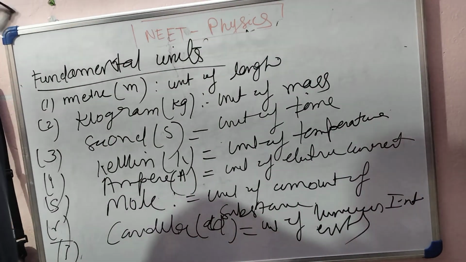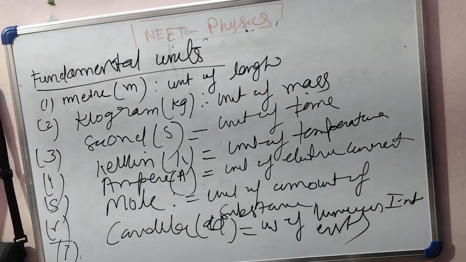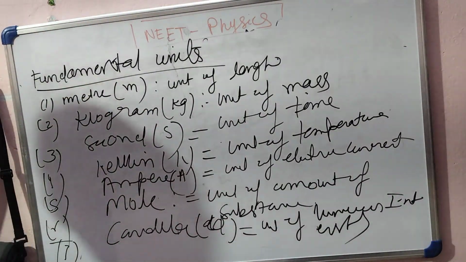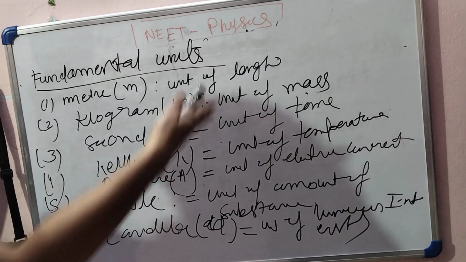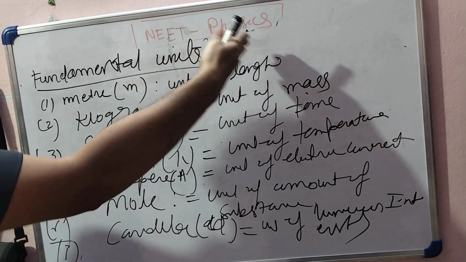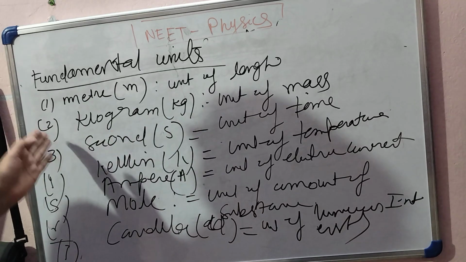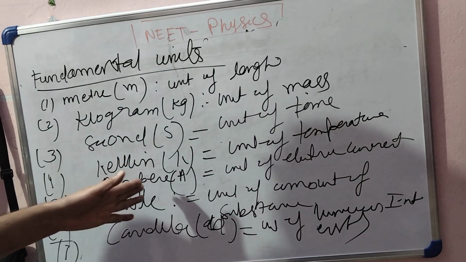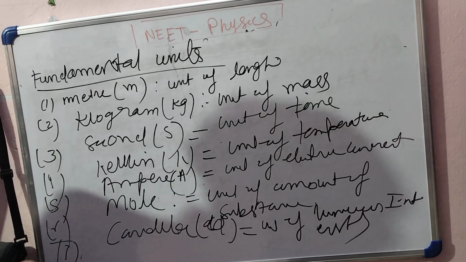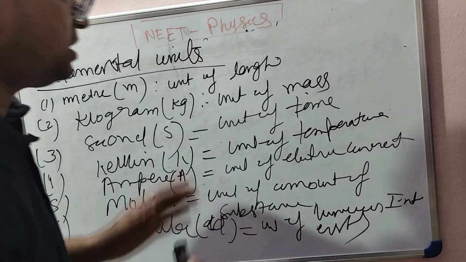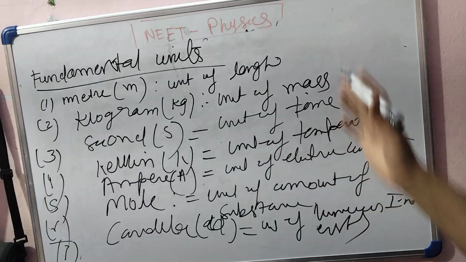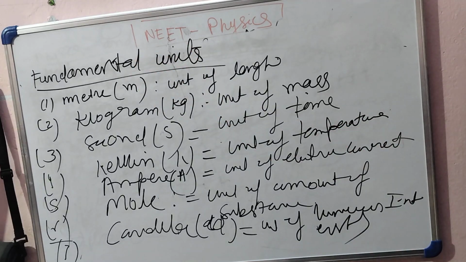This is the fundamental units. Just write down those units, their symbols, and which quantity is measured in those units. There are meter, kilogram, second, Kelvin, ampere, mole, and candela. You just have to memorize the symbol and the quantity measured by each unit.